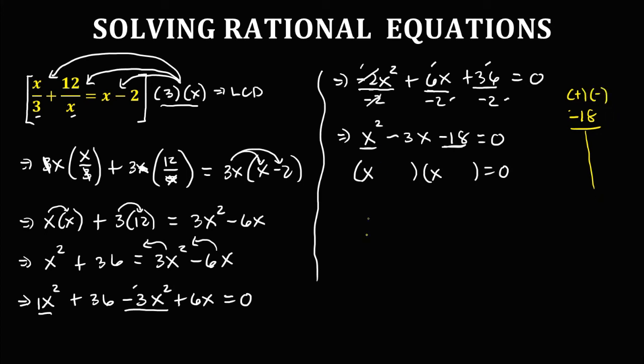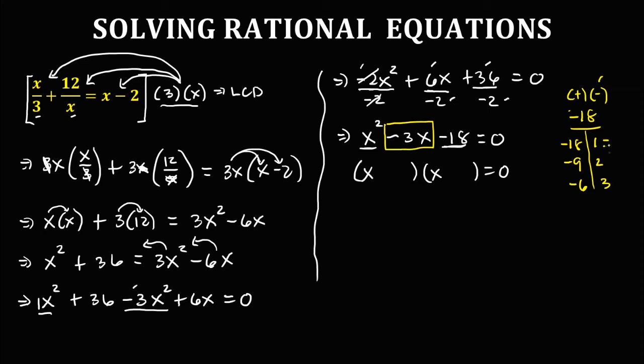But in the quadratic equation, since this one is negative, the bigger number of the factor must be negative. So we can have negative 18 times 1, and also negative 9 times 2, this one is negative 18. Then we have also negative 6 times 3, this one also is negative 18. So these are now all the factors for negative 18.